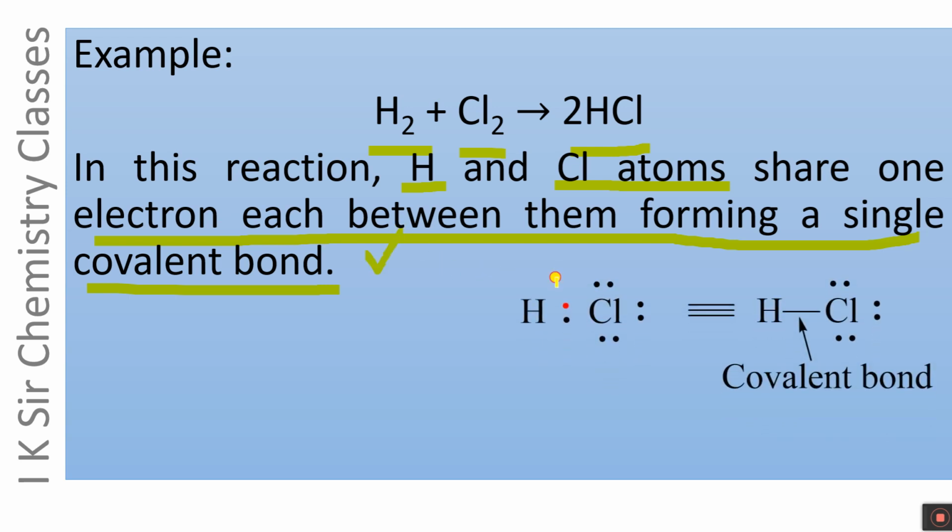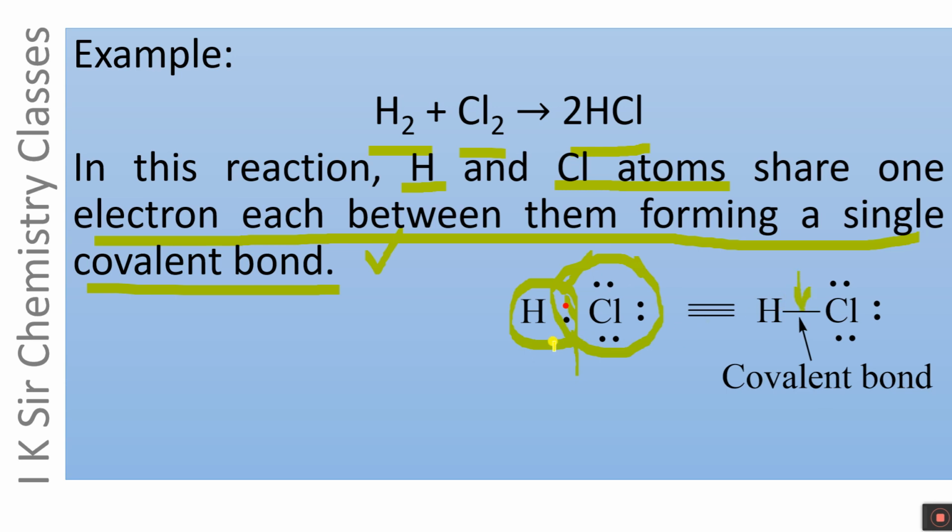The red electron is of hydrogen atom and the black electrons are of chlorine atoms. These two share one electron each between them, forming a single covalent bond. This bond pair is represented by single covalent bond.